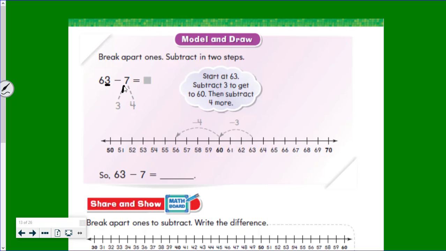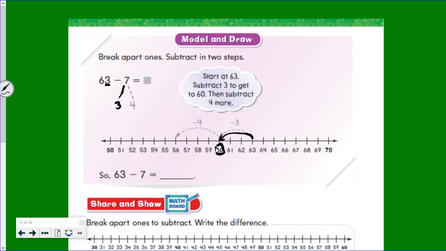And I know that if I break 7 apart and I take the 3 first out of the 7, I can go from 63 back to 60, because I'm taking away 3, which is what I'm going to show on the number line right here. So I've taken away 3 so I can make 63 into 60, because 60 is an easier number to subtract with, because it's a 10.